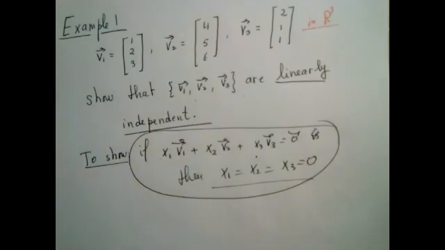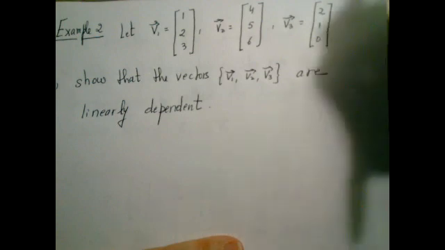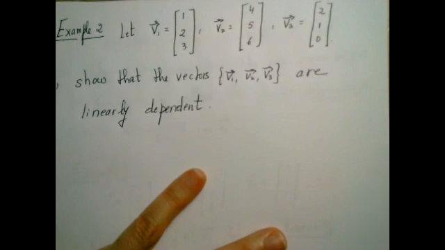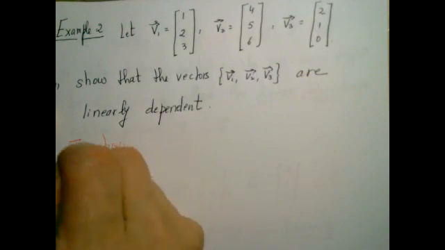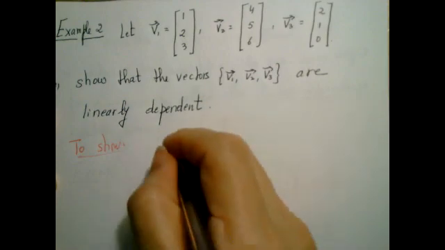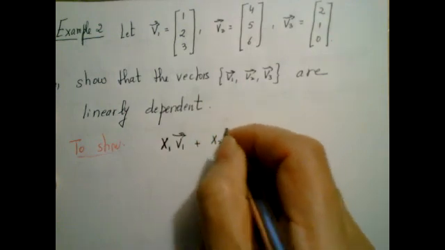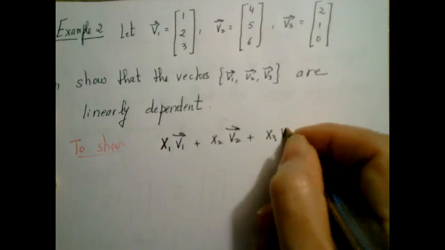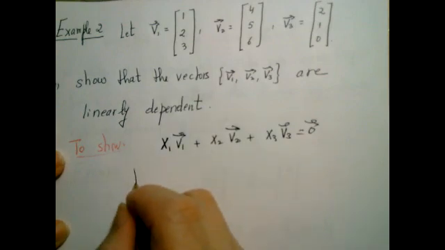Okay. So question number 2. I'm going to take 3 other vectors in R3: v1, v2, v3, and the question is, show that the vectors are linearly dependent. What does this mean, linearly dependent? It means we have to show that the following equation, x1 v1 plus x2 v2 plus x3 v3 equal to 0, has a non-zero solution.